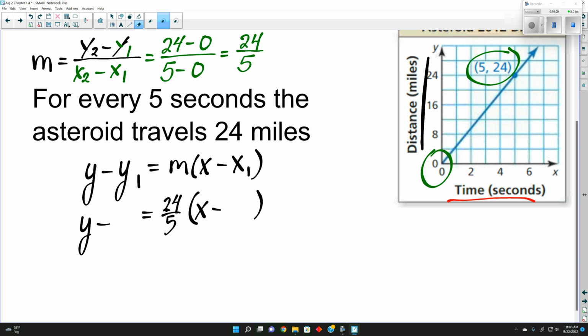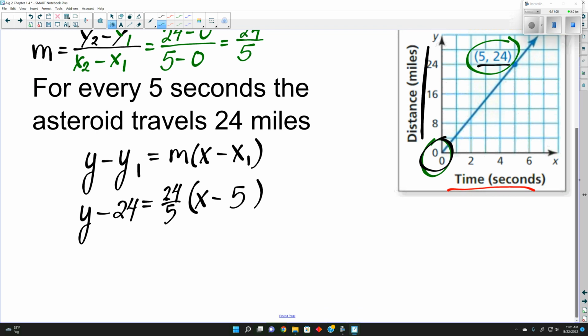Now we need to pick one of our 2 points to use for the x1, y1. So we can either use 5, 24 or 0, 0. Let's do 5, 24. So 5 would be our x and 24 would be the y. So we're picking which one we want to use, and then we're plugging it in.